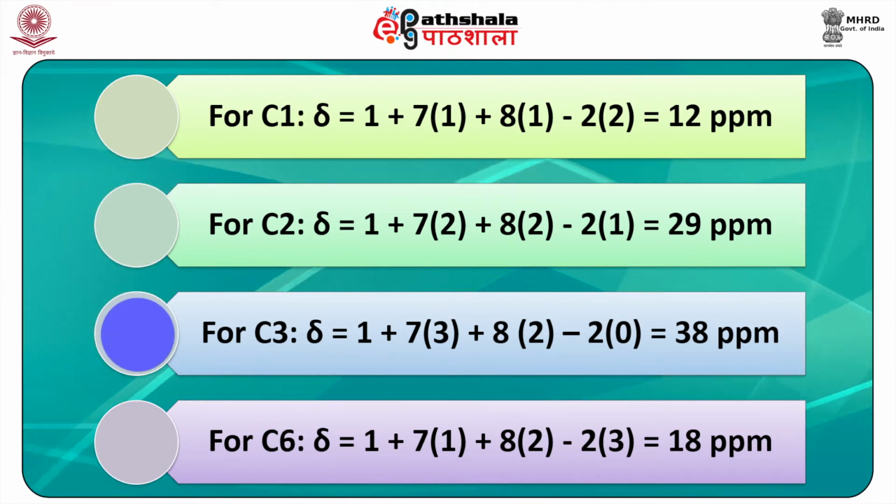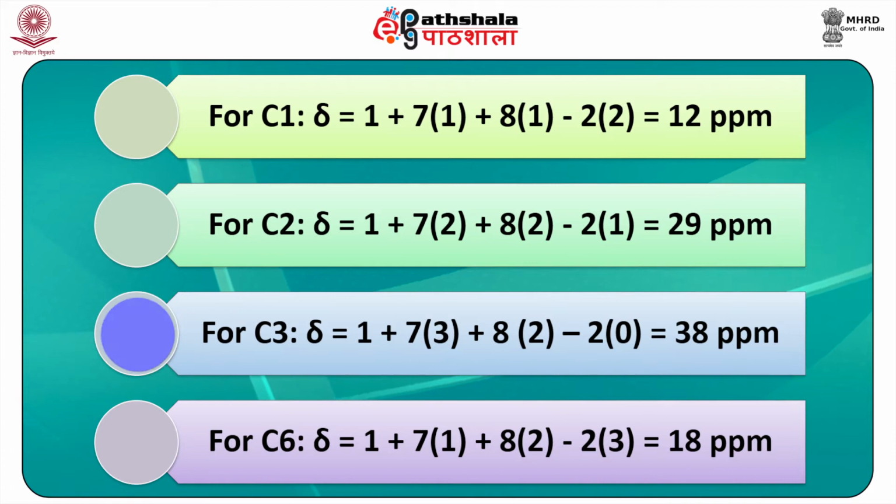For the third carbon atom, the delta value is 1 plus 7 multiplied by 3. Again I repeat, as we can see from the structure, there are 3 carbon atoms which are 1 bond away, plus 8 multiplied by 2, as there are 2 carbon atoms which are 2 bonds away, and 2 multiplied by 0 as there is no carbon atom which is 3 bonds away, and that makes a total of 38 ppm.